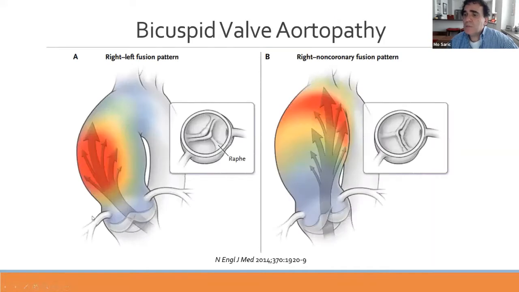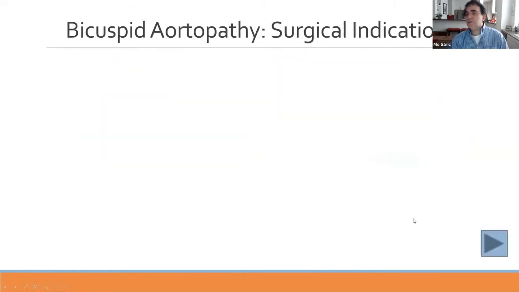And now, because of these different flow patterns, there is a different aneurysm anatomy. If you have a right and left coronary cusp fusion, the ascending aortic aneurysm tends to be in the tubular portion of the aorta, while when there is a right and non-coronary fusion, the aneurysm tends to extend into the aortic arch.